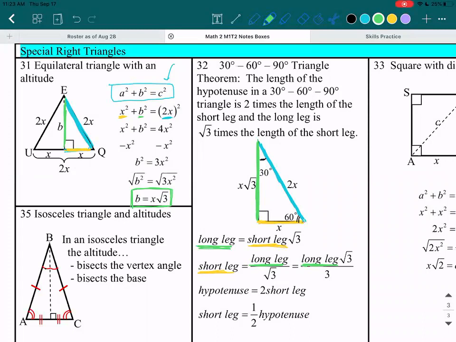And then the hypotenuse is 2 times the short leg, and the short leg is half of the hypotenuse.